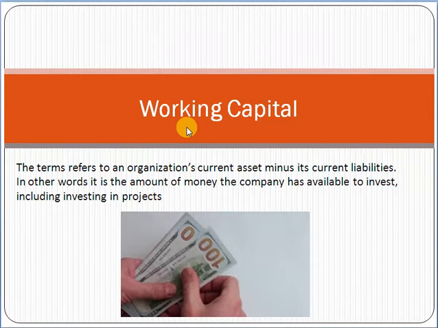This term refers to an organization's current assets minus its current liabilities. The amount which you can invest to start a business or to initiate a project is called the working capital.